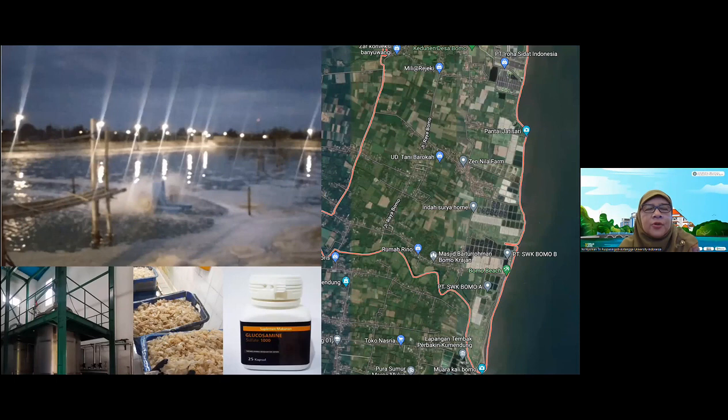And we also have the teaching industry of glucosamine. What is glucosamine? It is converted from the waste of the shrimp, the shell of the shrimp, because we have so many fishermen with shrimp cultivation. So we use the shell of this shrimp to convert it into glucosamine.